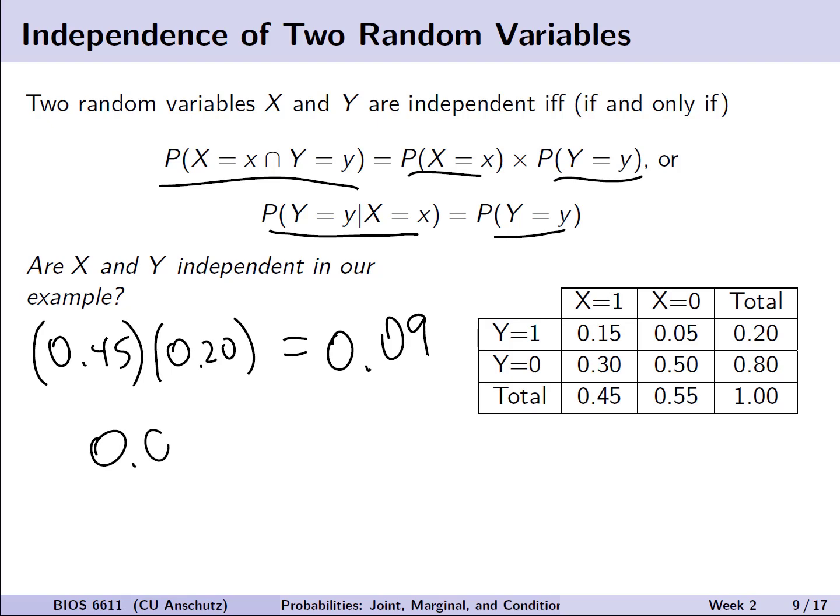We can somewhat easily look at this and ask, does 0.09 equal 0.15? Hopefully we note that those are very different numbers, they are not equal, and therefore x and y are not independent in our example, which, even though it is a contrived example, does make some sense for smoking status with potential respiratory disease.